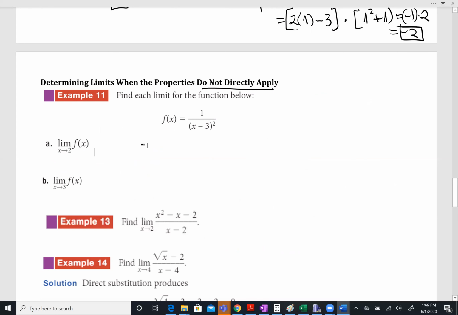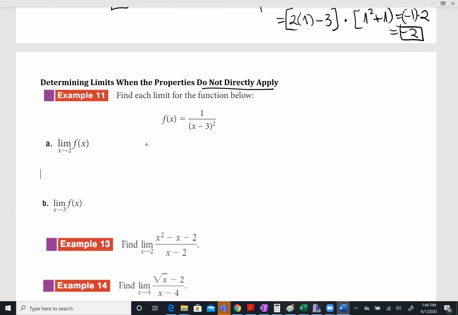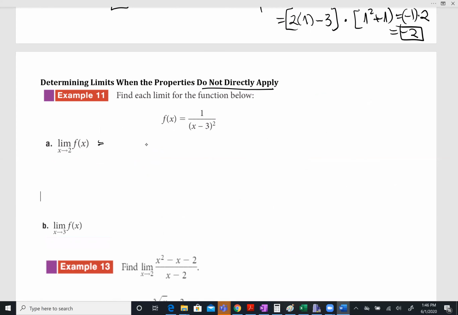For problem 11, if I want you to find f(x) when x equals 2, it's going to be equal to the limit of 1 over (x minus 3) squared when x goes to 2, and you're going to directly apply substitution.